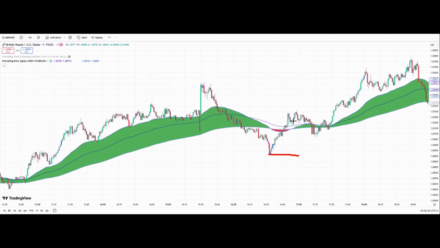Then again the market changes from red cloud to green cloud, which happens on this candle. The moment the price breaks above the horizontal line, we enter the market, and our stop loss will be at this level, because this is the recent swing low for this particular trade.